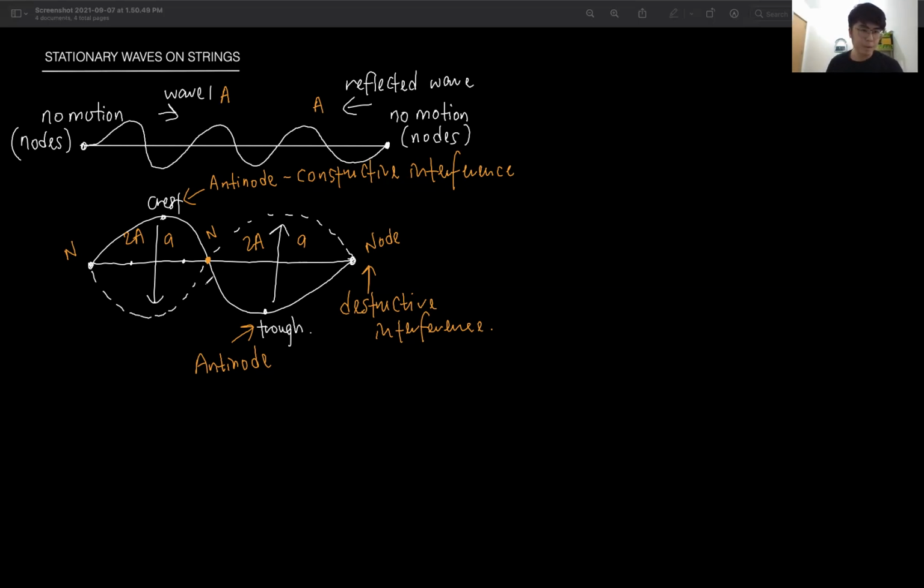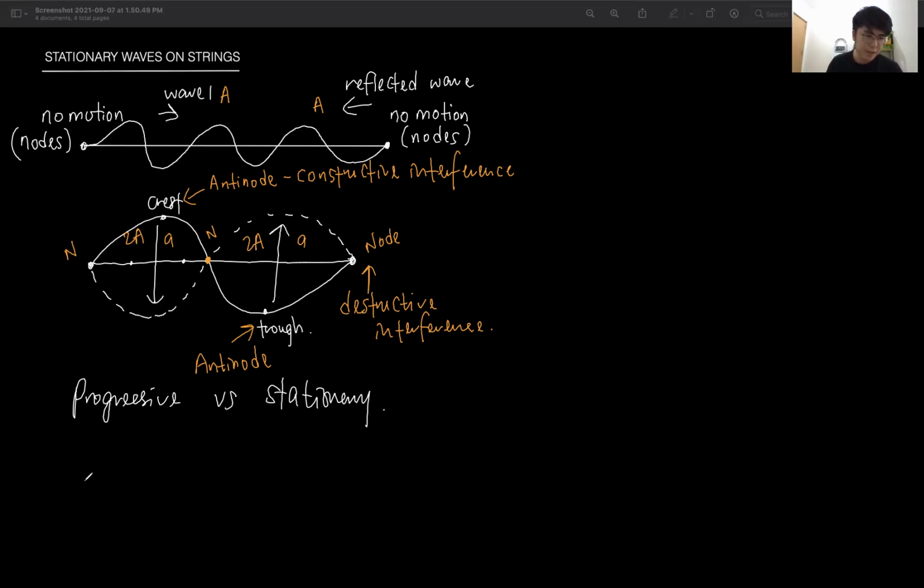Now, why do we call it stationary waves? It's because the crest does not travel, the crest does not move. Let's see the difference between progressive waves versus stationary waves. The progressive wave is like a normal wave. It travels.